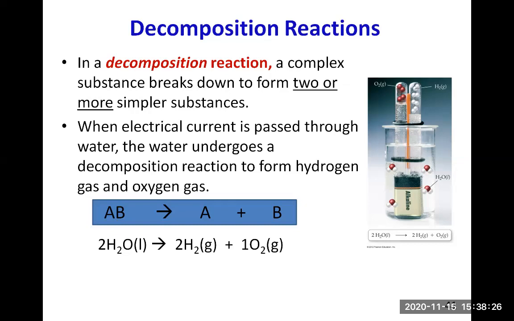So the reaction is that you start with liquid water, and you decompose it into hydrogen gas and oxygen gas using electricity. You notice how the hydrogen gas is formed in one electrode and the oxygen gas is formed on the other electrode. And you can separate them and collect them separately.